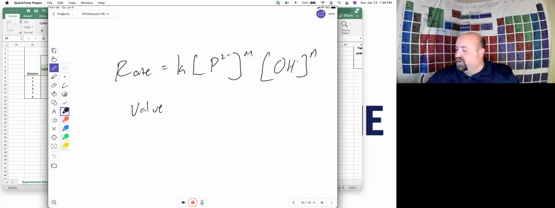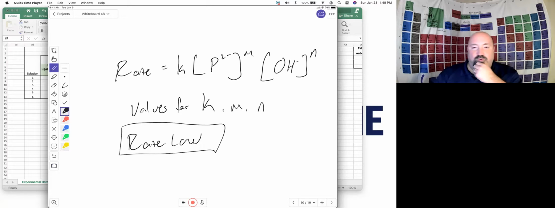But now you'll have actual values for K, M, and N. And once those values are in there, then that is the actual rate law for this reaction. I know it's a mouthful, and that's a lot.